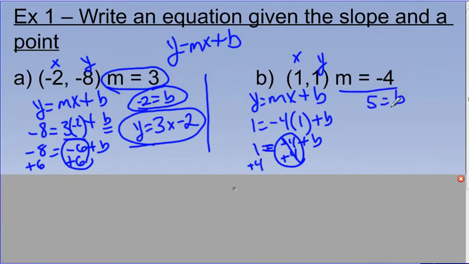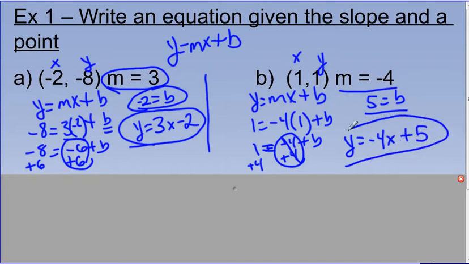So m is that, b is that. So my equation, y = mx + b. That is the equation of the line. The only variables you want in the equation of your line are x's and y's, and you only want one of each. So we have 1x, 1y, everything else is a number. That's the equation in slope-intercept form.